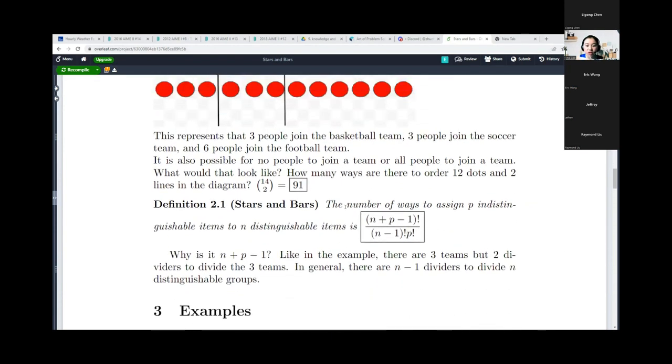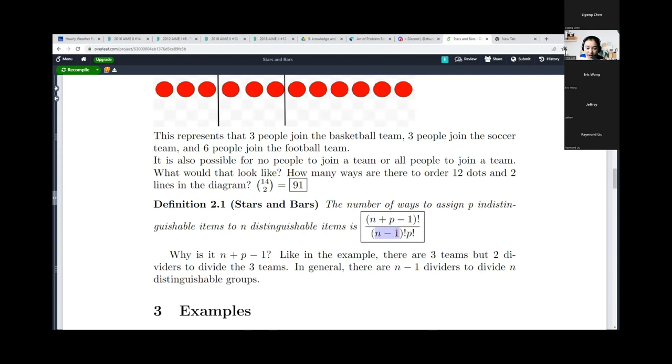And in general, the number of ways to assign P indistinguishable items to n distinguishable groups is (n + P - 1)! divided by (n - 1)! times P!. The n + P - 1 comes from there being n distinguishable objects and P indistinguishable objects, minus 1 because there's n - 1 dividers to divide into n groups.